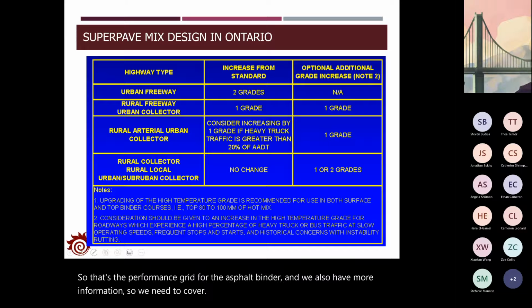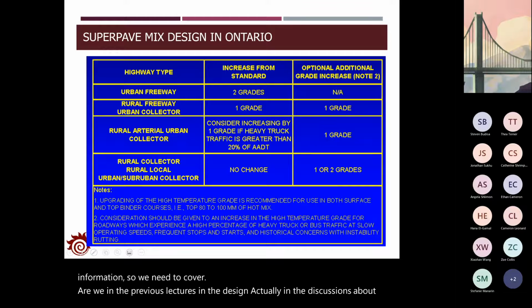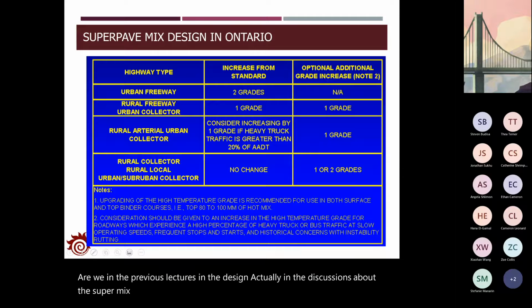In the previous lectures, in the descriptions about how to make Superpave mix design, we also indicated that the performance grade is related to the traffic conditions. So in Ontario, we also do some corrections for the performance grade with respect to the traffic conditions.